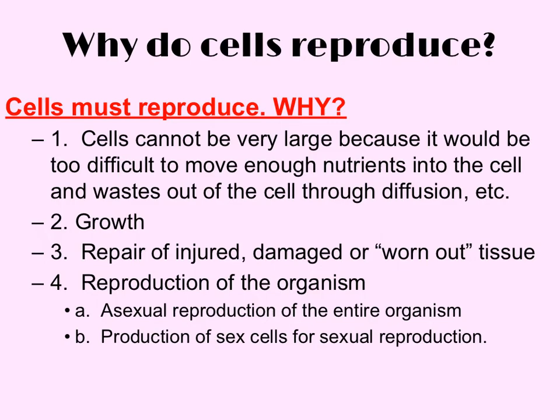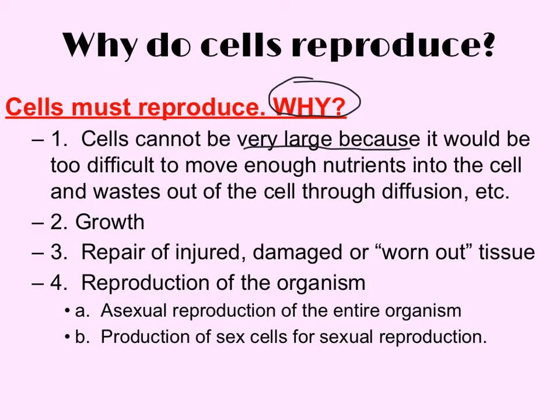Alright, so the first question is, cells reproduce, but why? Why in the heck do we need new cells? Well, first of all, the size of your cells is limited. They cannot get very large because you are moving nutrients like water, food like glucose.